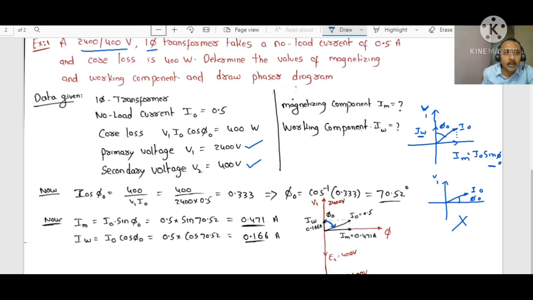The transformer is a single phase transformer and it takes a no load current of 0.5 amps. No load current I0 equal to 0.5.